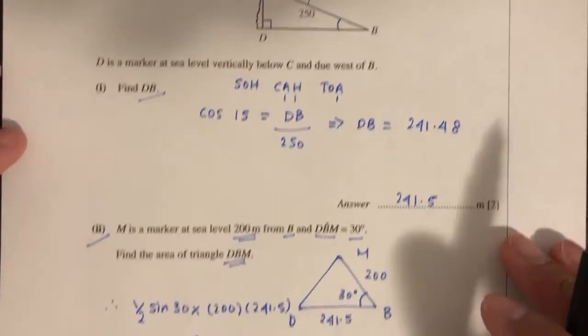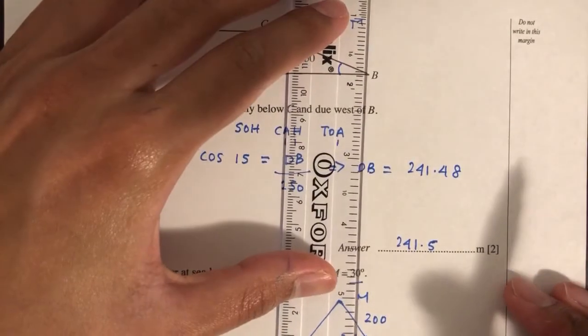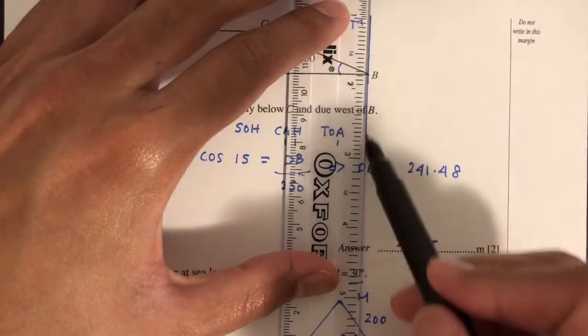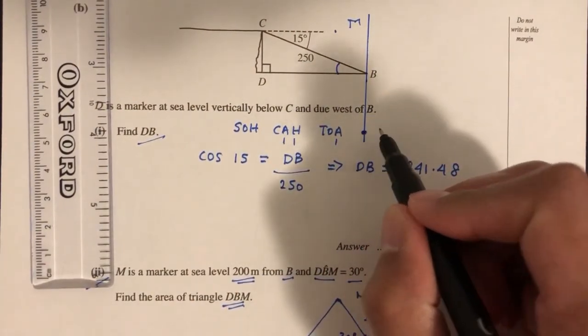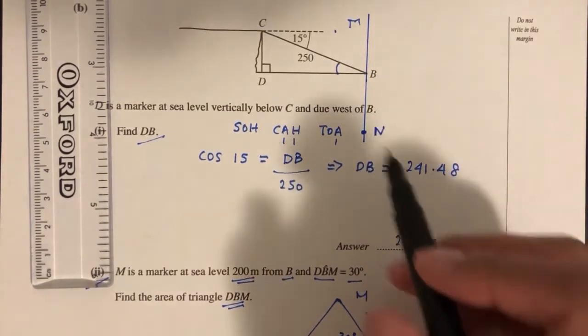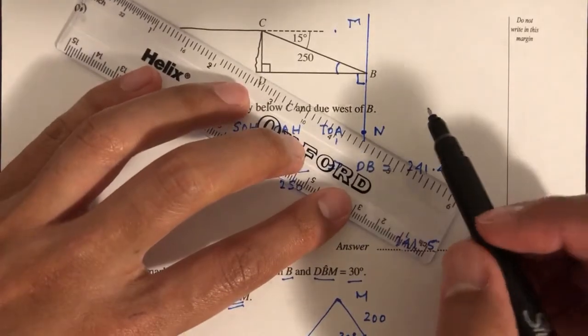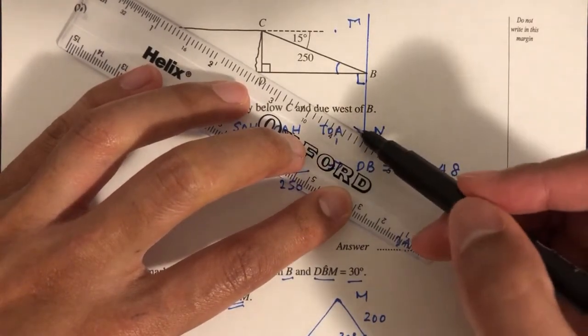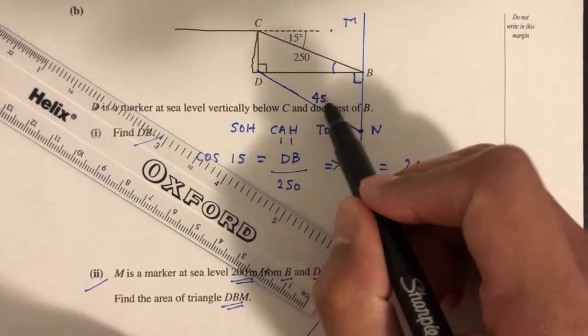If we observe here, we have the point B, and N is due south of B. Let's say this is point N. South means this will be 90 degrees, and joining these two points, this will be 450, right?